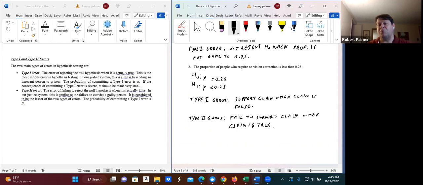So fail to support the claim when the claim is true. This would be like, in the justice system, not convicting a guilty person. Remember, a type 1 error is like convicting an innocent person. The type 2 error is like failing to convict a guilty person.